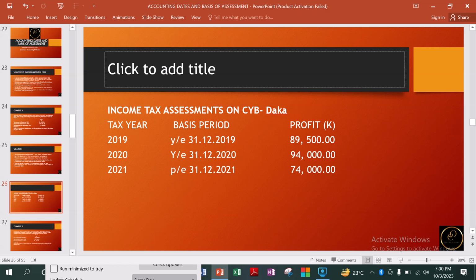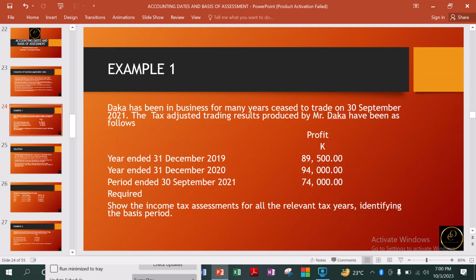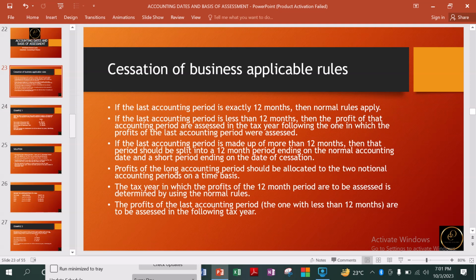Now the next one is 2021. This is a period of how many months? If you look at this question, this is a period of 9 months. When you look at the rule, let me draw you back to it.